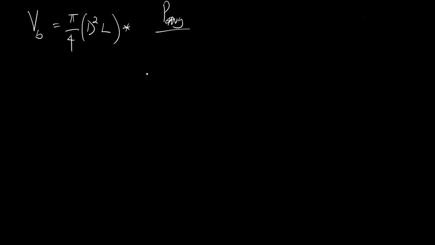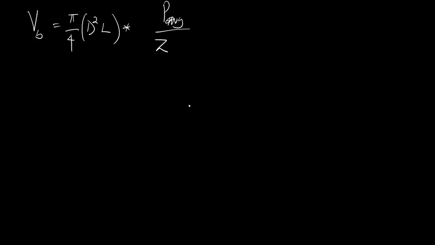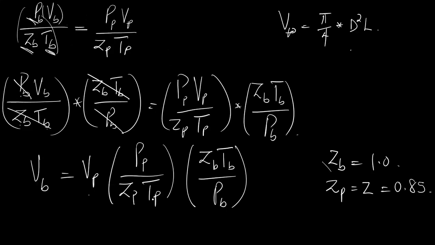So now the ZP, the subscript P, is our Z, which is the average compressibility factor. Now, and the temperature of the gas is given, the average temperature of the gas, which is the condition of the gas at VP.